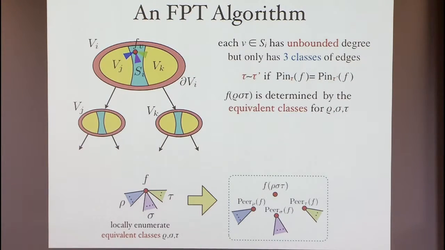Before, by enumerating the actual configuration, these configurations became boundary conditions for the new instances, inherited by the new instance. Now, because what we enumerate are not configurations anymore, they are equivalent classes, those are not boundary conditions, but boundary signatures.